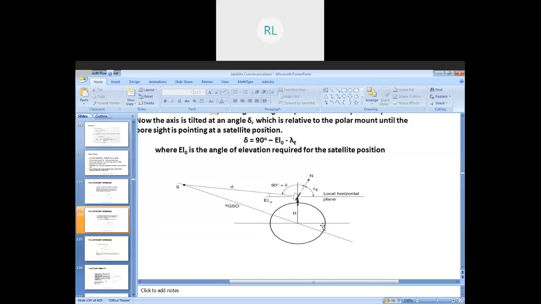The angle of this is 90 degrees with the north plus delta plus lambda e. So your 90 degrees and your angle of elevation, how much angle it creates, and then your lambda e, which is with respect to the local horizontal plane. What is the local horizontal plane?